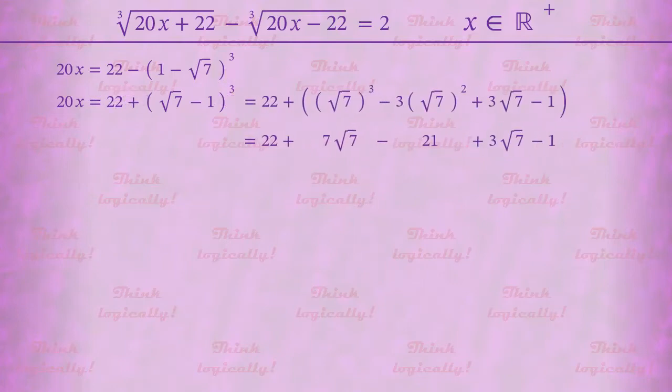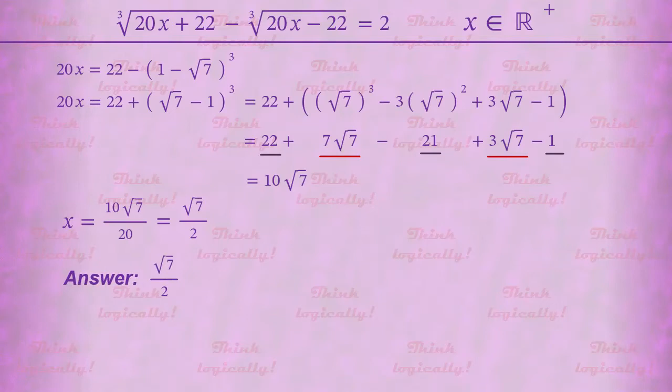And we simplify the obtained expression and reduce common terms, and are left with just 10 times square root of 7 for 20x. Therefore, x equals 10 times square root of 7 divided by 20, or just square root of 7 over 2.